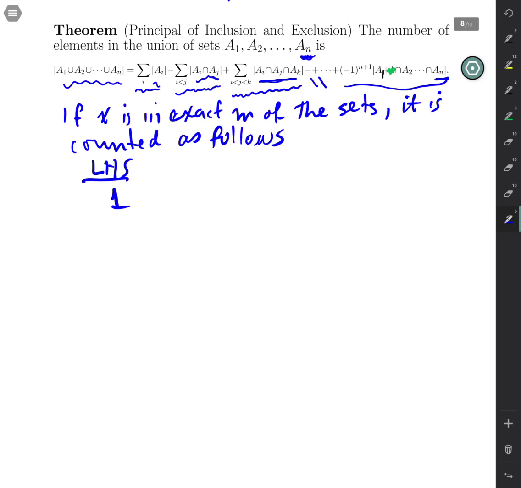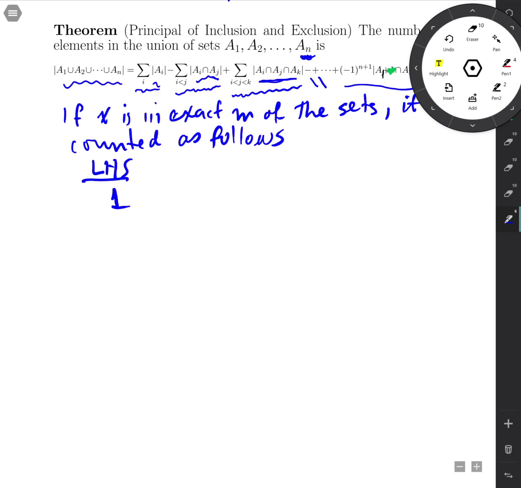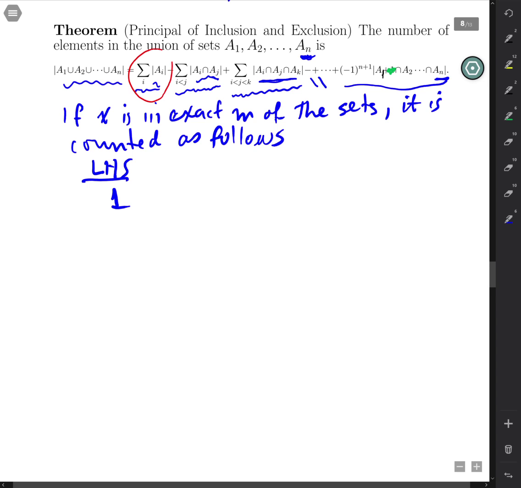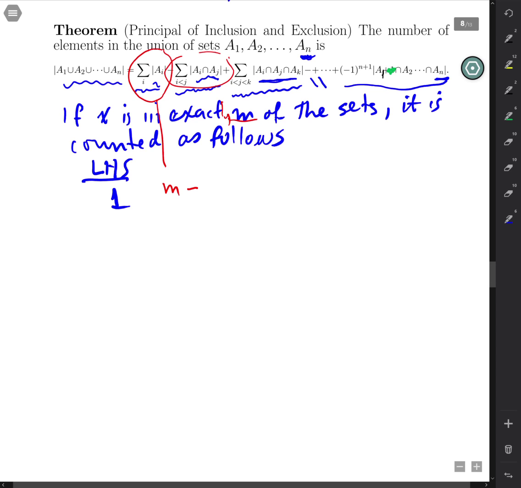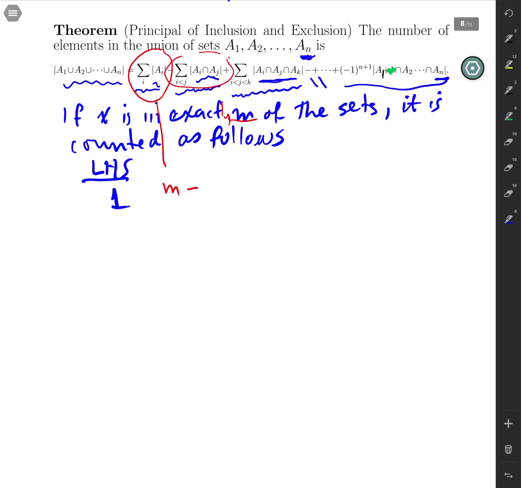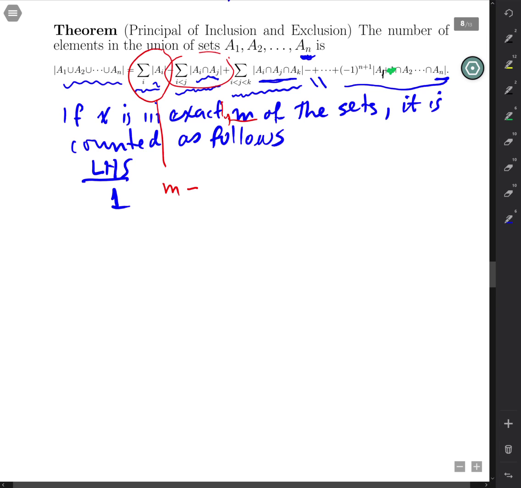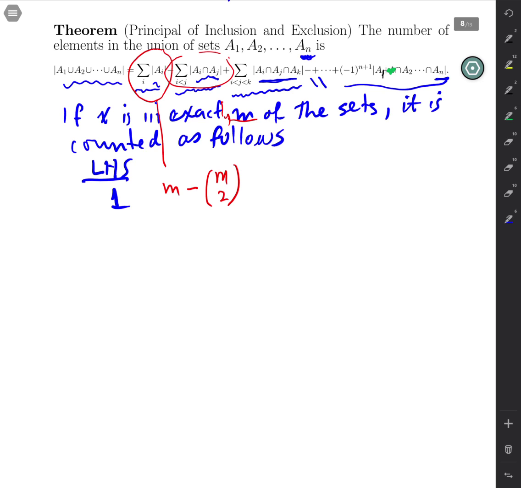Whereas on the right-hand side, if you look at the sum here, there are m of the sets that it's counted in. So it's counted in here m times. And now we have a minus here, and it's in exactly m of the sets. So how many ways will it be in a pair of them at a time to be in the intersection? Well, there are m choose 2 pairs of sets that it will be in. So that's how many times it will be in an intersection of two of them.